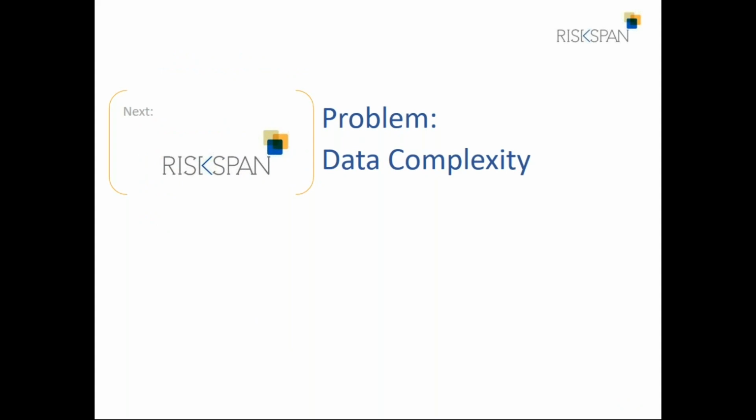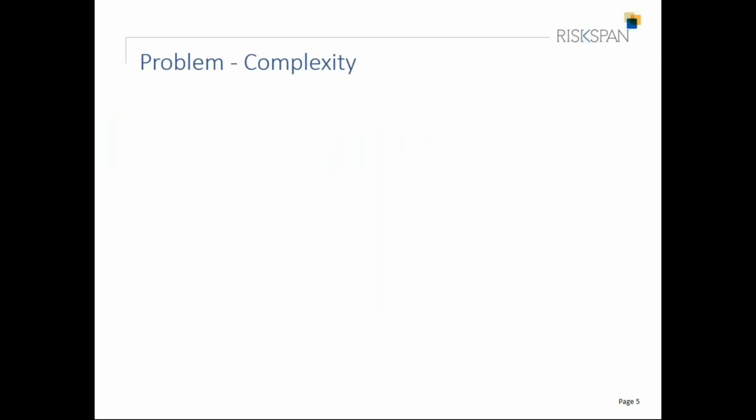Problem. Really what we're dealing with is the complexity of data itself. Even when data sets or even attributes are similar, we still programmatically see small differences, even down to header names and things of that nature. So data is messy. Even when it's supposed to be the same, it's not.